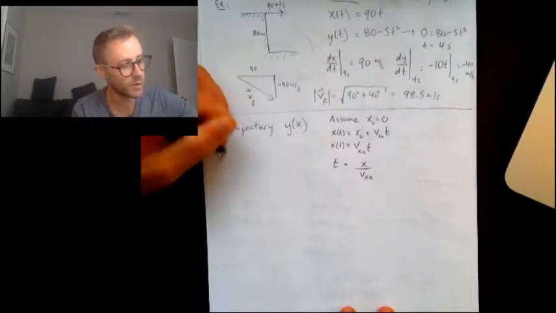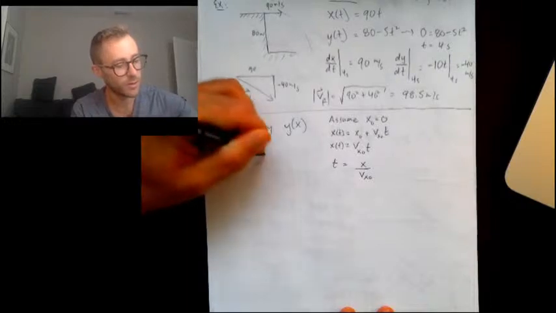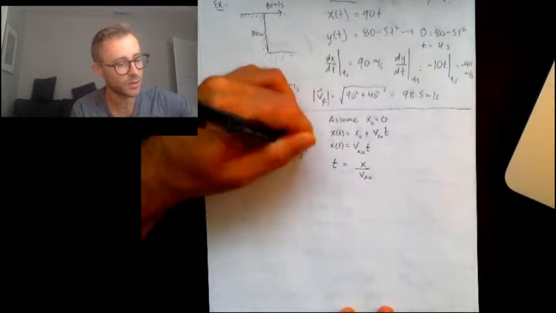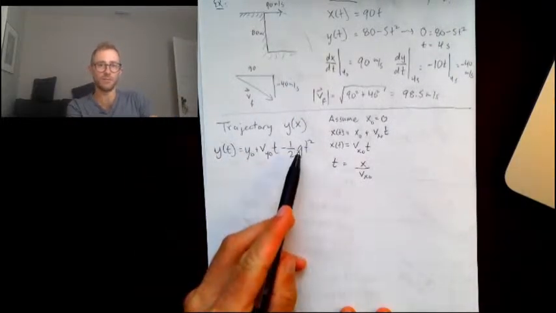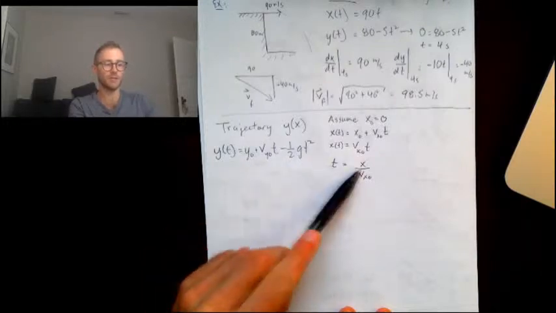Then we're going to take this and use it in our y of t equation: y naught plus vy naught times t minus 1/2 g t squared. So we're going to plug this in for time. We've expressed time as a function of position.